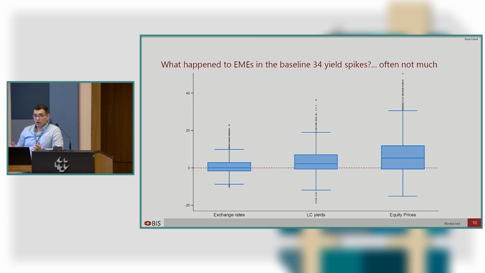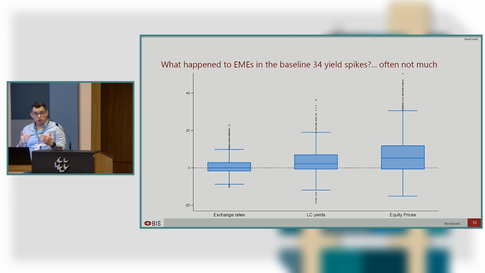Now, across these yield spikes, this is what happens to these 3 asset prices in emerging markets in their changes from start to peak. And what you see is that in general, it doesn't happen much. On average, there is basically no important change in the exchange rate.